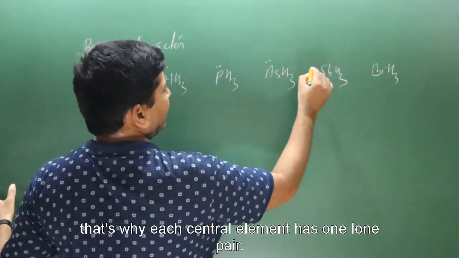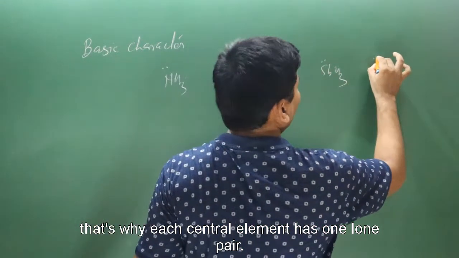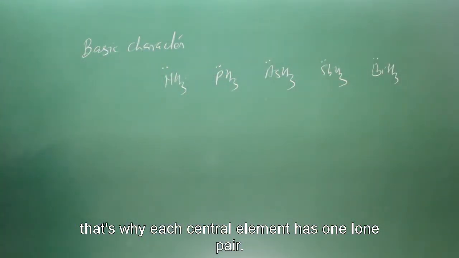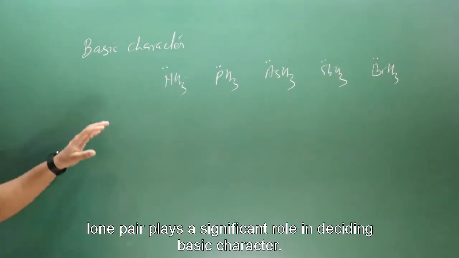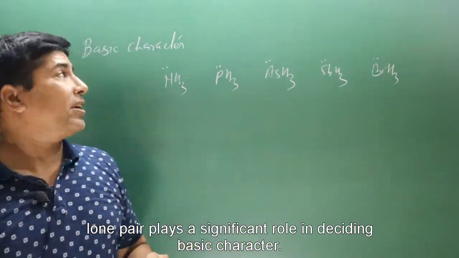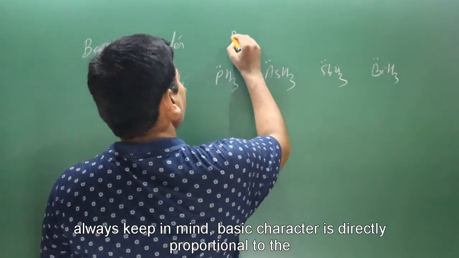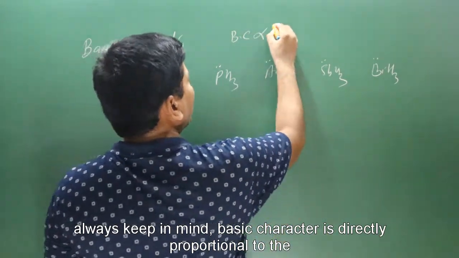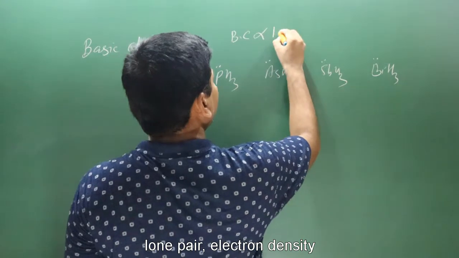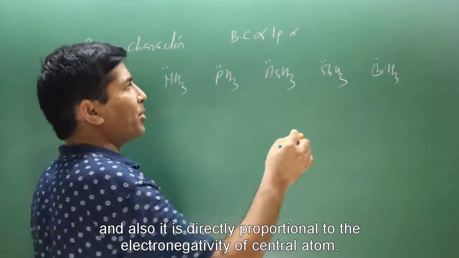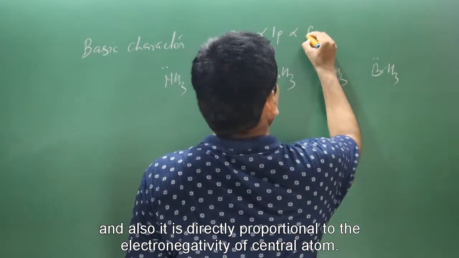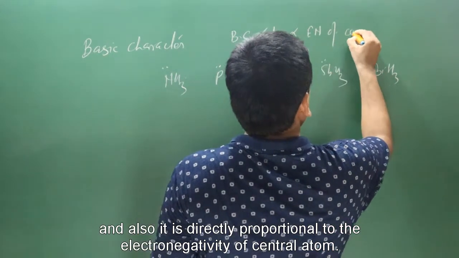That's why each central element has 1 lone pair. Lone pair plays a significant role in deciding basic character. Always keep in mind, basic character is directly proportional to the lone pair electron density, and it is also directly proportional to the electronegativity of the central atom.